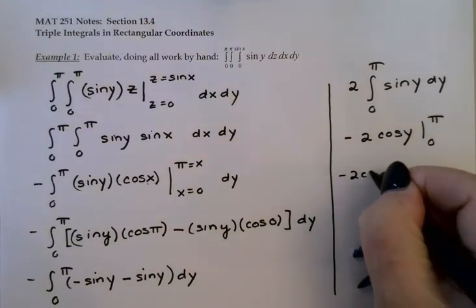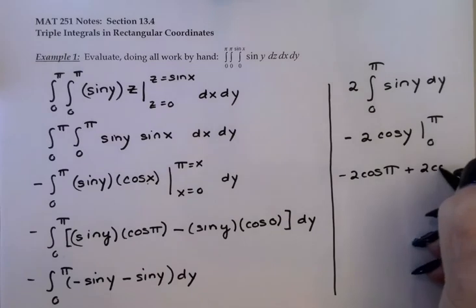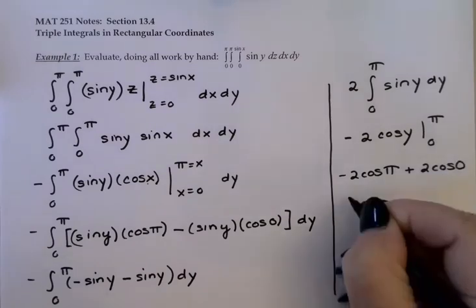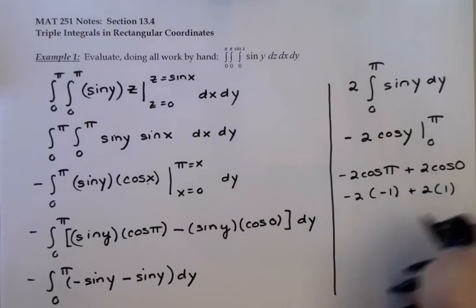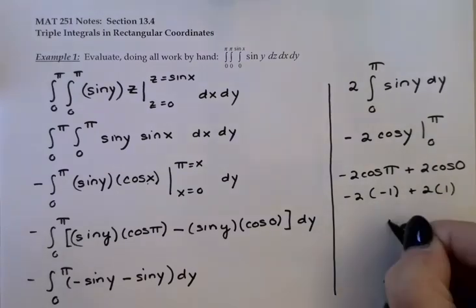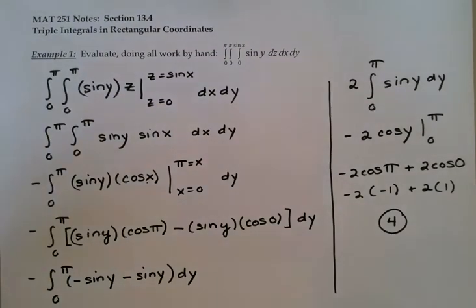So I'd have negative 2 cosine pi plus 2 cosine 0. Again, cosine pi is negative 1, while cosine of 0 is 1. So I end up with 2 plus 2, or 4, for the value of that integral. So really, more of the same, only more so, is what we're doing here. Same idea as with the double integrals.